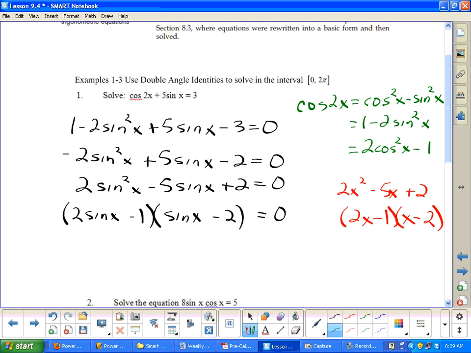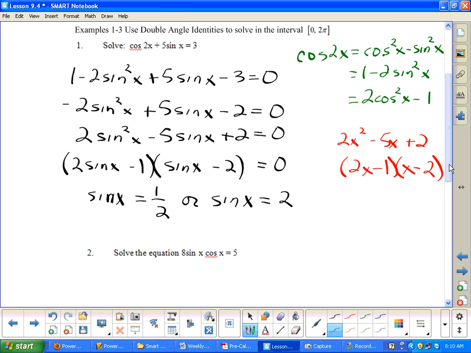So that means that either sine of x equals positive 1/2 or sine of x equals 2. It's 1/2 on our unit circle, and we only care about between 0 and 2 pi. So when does sine equal positive 1/2?